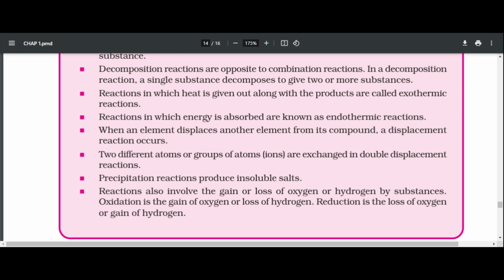Two different atoms or groups of atoms, ions, are exchanged in double displacement reactions. Precipitation reactions produce insoluble salts. Reactions also involve the gain or loss of oxygen or hydrogen by substances. Oxidation is gain of oxygen or loss of hydrogen. Reduction is a loss of oxygen or the gain of hydrogen.